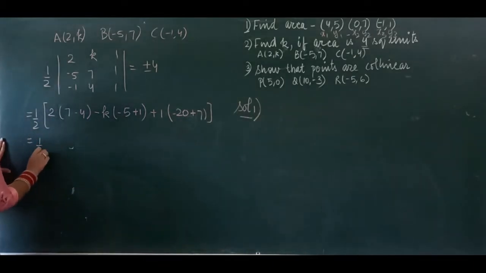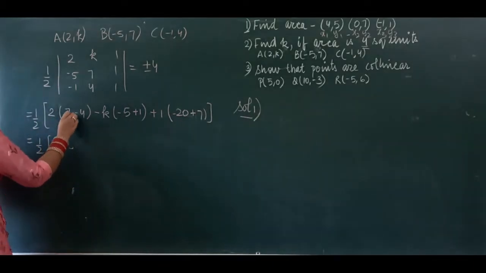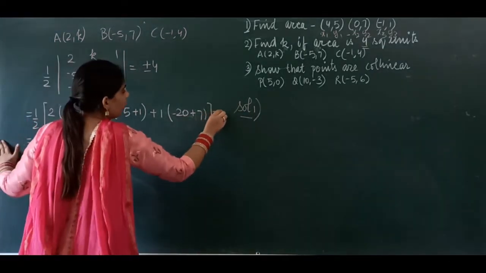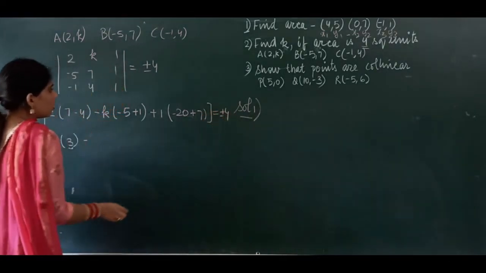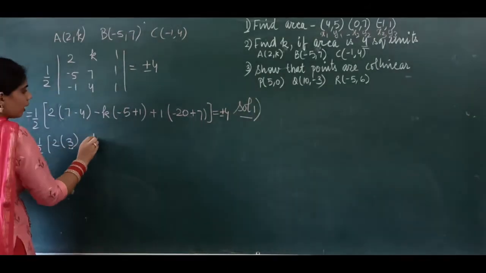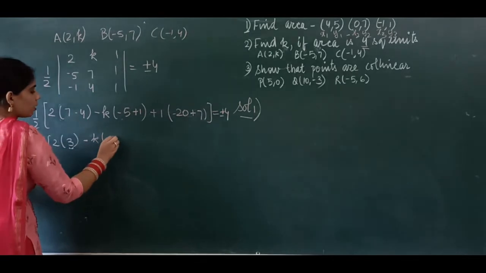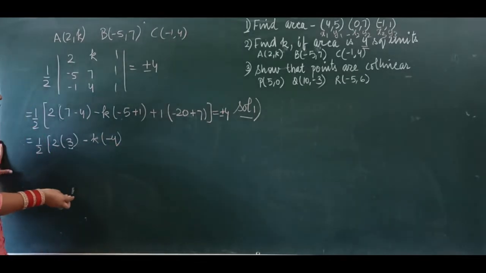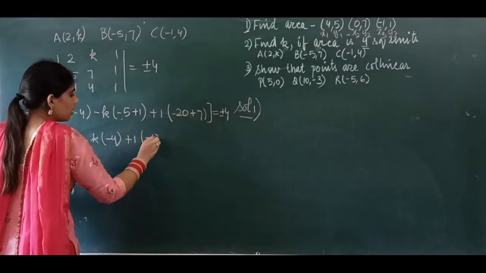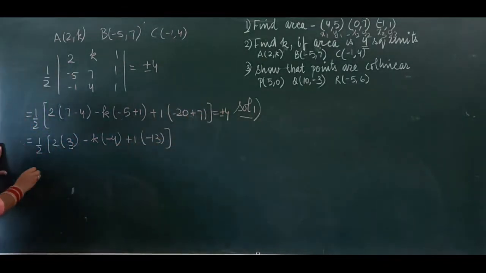So this will be 1 by 2, 7 minus 4 is 3, equal to plus minus 4. Minus k times minus 5 plus 1 is minus 4, plus 1 times minus 20 plus 7 is minus 13.